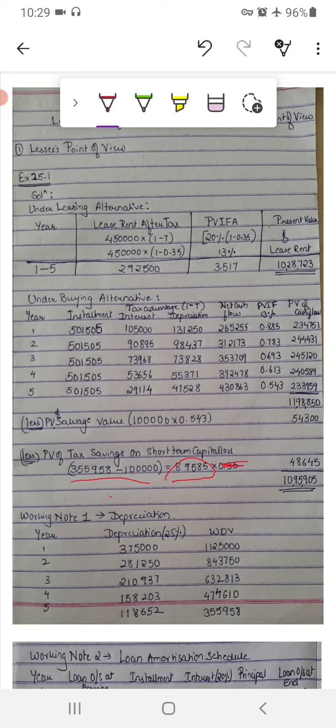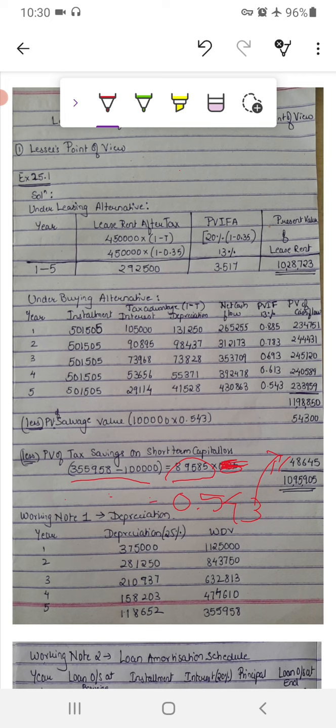So 3,55,958 minus 1 lakh is 2,55,958 into 0.35 gives us 89,585. Now there is a small mistake over here, please don't use this. It is 89,585 into the present value. Now present value again would be 0.543. So 89,585 into 0.543 gives us 48,645. So please make this correction.